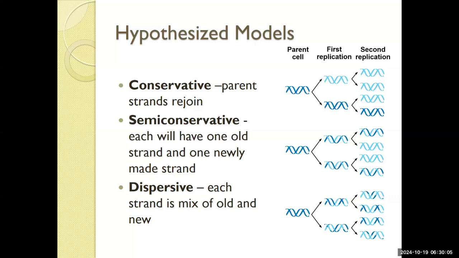A semi-conservative model would have the parent strand separate and each serve as a template for the new strands, which would be composed of both old and new. And a dispersive model would chop up the DNA into a number of segments and copy different pieces. So each resulting daughter strand would be a mix of old and new for many generations to come.